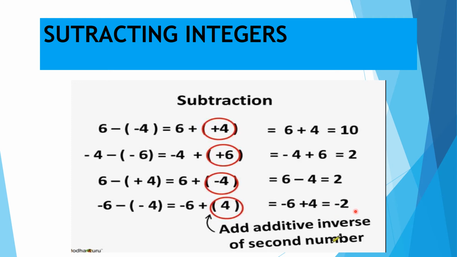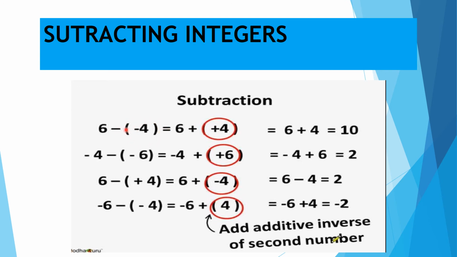So very important thing children, add the additive inverse of the second number. So you will change this subtraction sign to addition sign and the number which is just after the sign, you will change to its additive inverse.